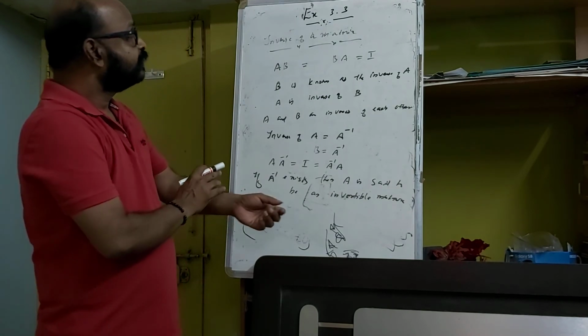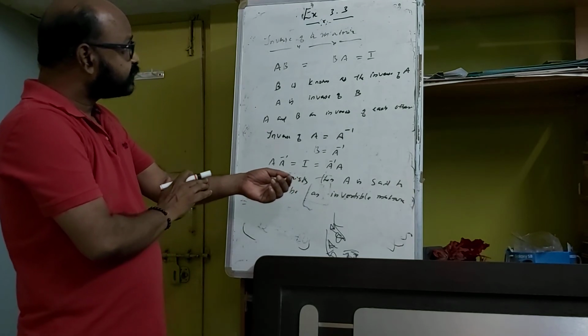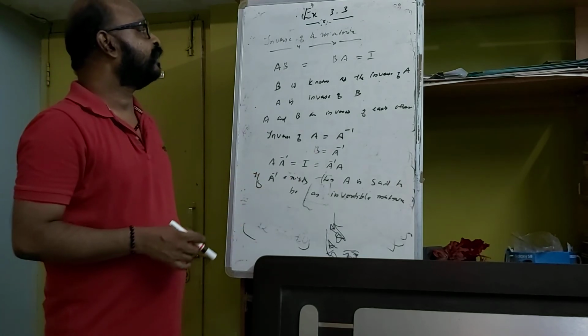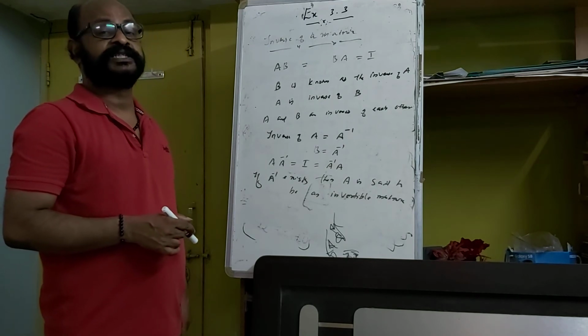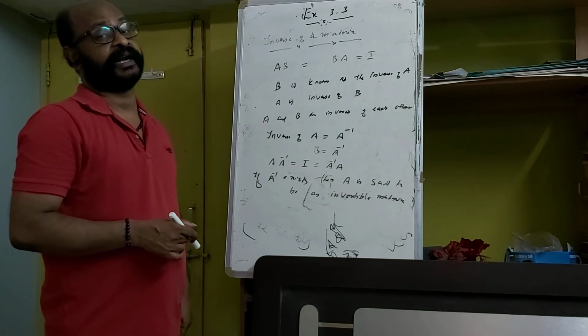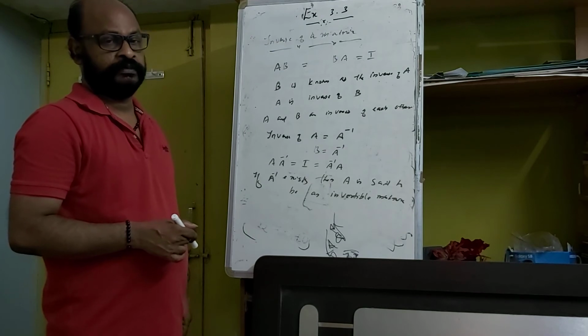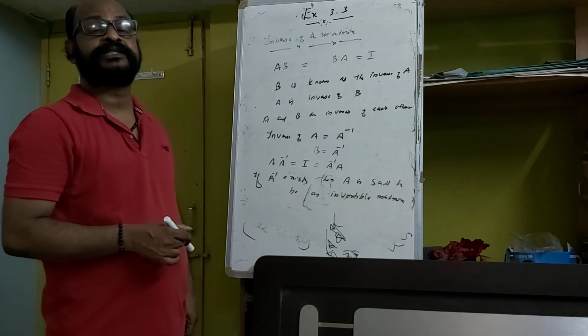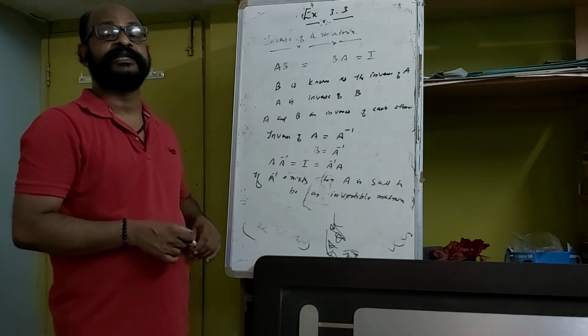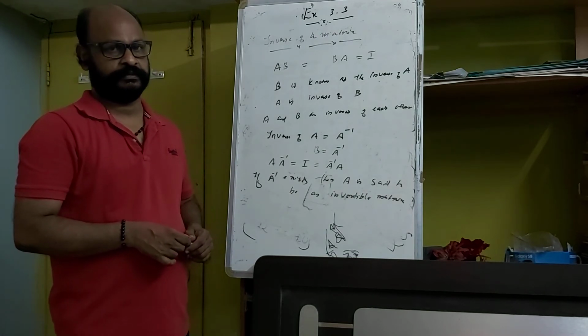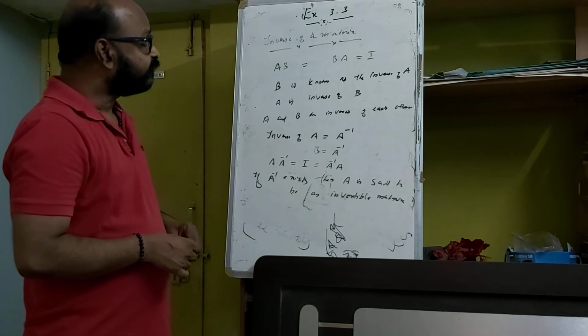So this topic, we can say, is the discussion of inverse of a matrix, or invertible matrices. A matrix is invertible when its inverse exists. And what is the definition of inverse?